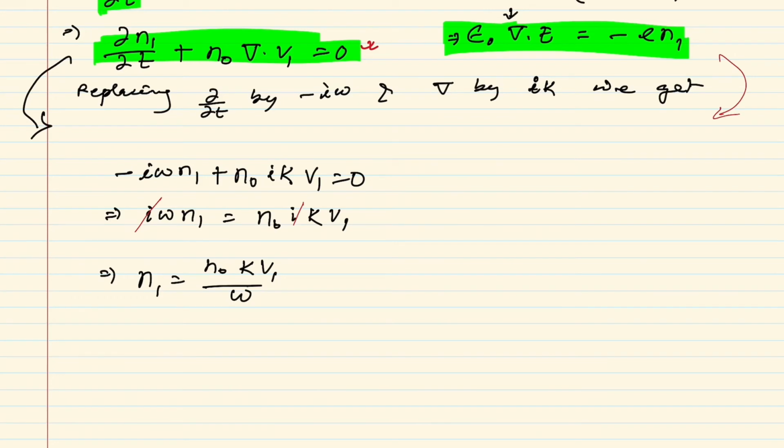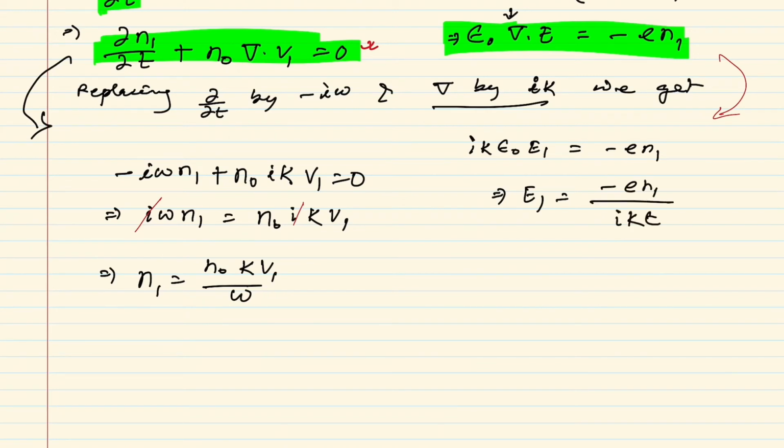From the Poisson's equation, after replacing, we get i k epsilon naught E1 is equal to minus e n1, and this gives E1 is equal to minus e n1 by i k epsilon naught.